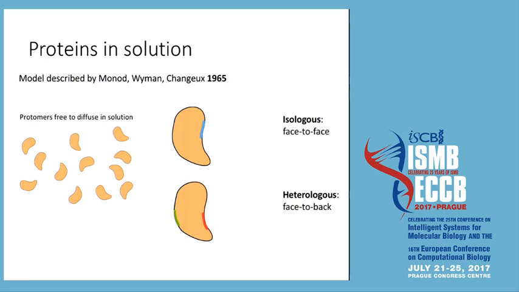First one being the isologous one, where there's an interface that is used by both partners in the interaction. So both sides of the interaction use the same interface. That's called an isologous interface, or face-to-face. Then we have another kind of interaction, which is the heterologous, and there are two interfaces there.